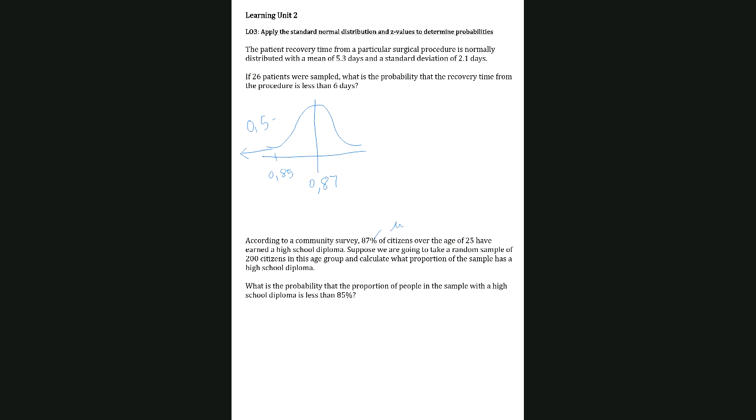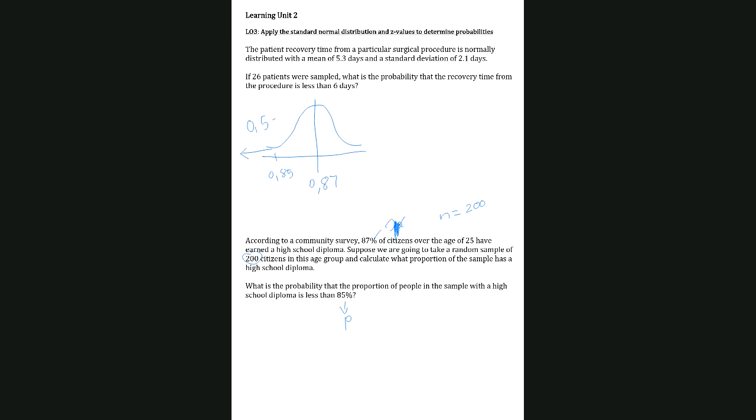This was pi, and then your 85% was p. Your sample size was 200. And they said to you, what is the probability that the proportion of people in the sample with a high school diploma is less than 85%.